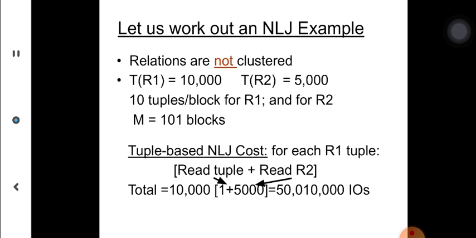So let us work out a nested loop join example. Relations are not clustered. For example, we have two relations, one with 5,000 tuples and another with 10,000 tuples, with 10 tuples per block for R1, and for R2 M is 101 blocks. So for the tuple-based nested loop join cost, for each tuple of R1, you have 10,000 reads of tuple 1 plus reads of R2, 5,000.